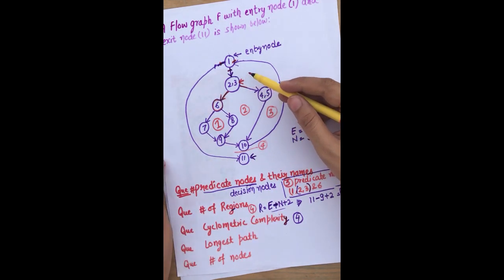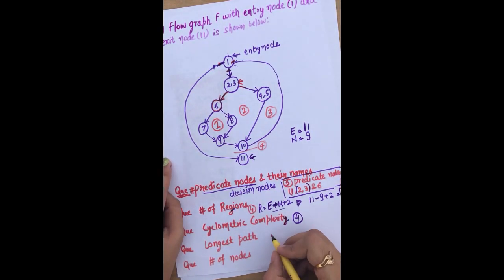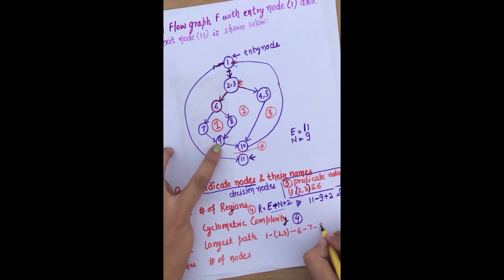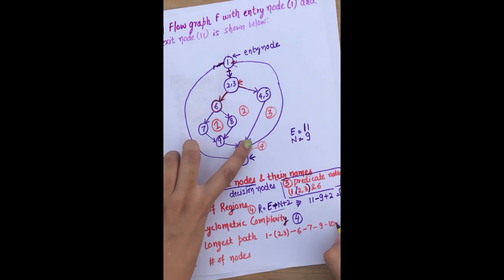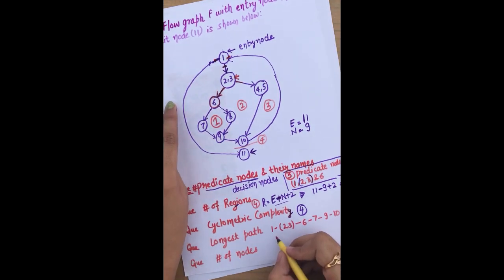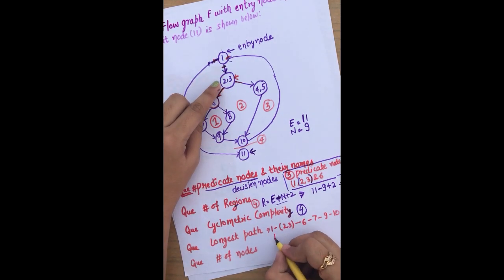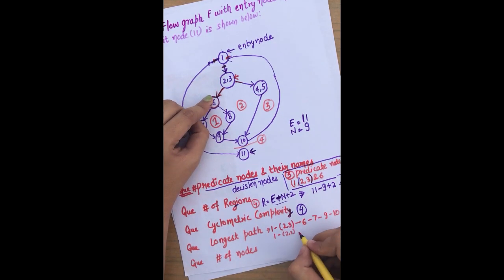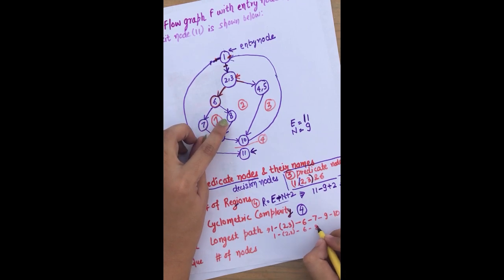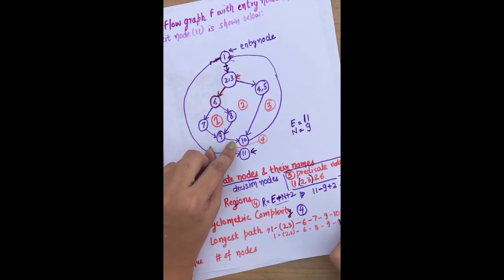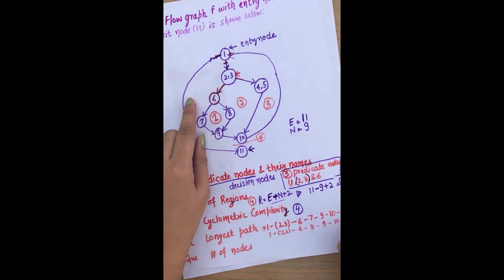You can write the paths as: 1, then 2, 3, then 6, then 7, then 9, then 10, and again back to 1. The second path goes through 1, 2, 3, then 6, then 8, then 9, then 10, then again back to 1, and from 1 it moves towards 11.